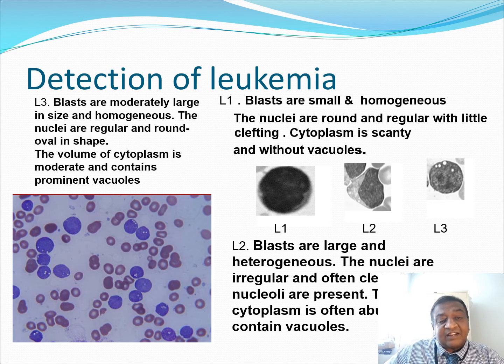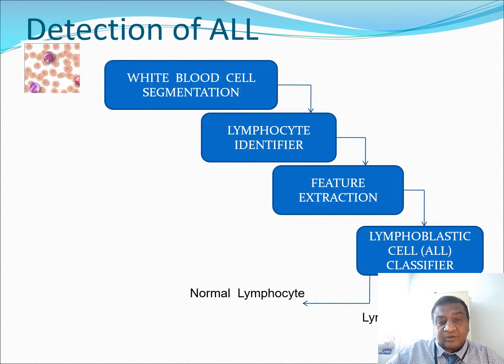L3: the blasts are homogeneous, and the vacuoles will be very few. L1, L2, and L3 are differentiated by the number of vacuoles present in the image. That is another interesting feature which helps us classify the leukemia. And this is the pattern.